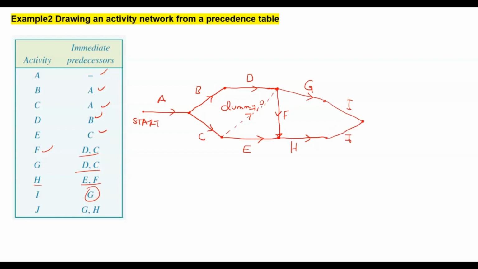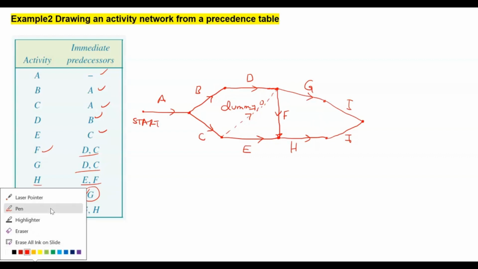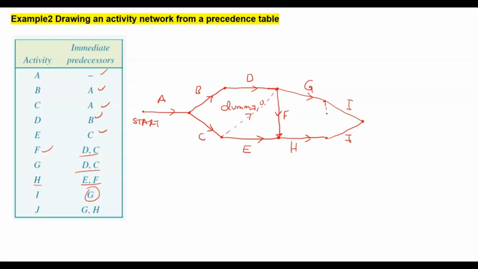J has two immediate predecessors, H and G. Now we need to use a dummy because we can't join that way. Just to say that they are somehow joined, we're going to use a dummy, and the arrow has to be facing this way, just to say that G is joined to J and H. So that's when we need a dummy, and we label it D-U-M-M-Y, dummy.